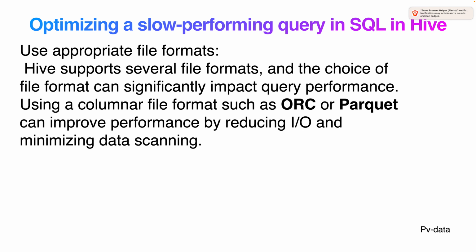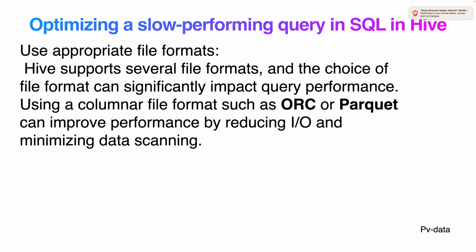The second thing I would like to suggest is to use an appropriate file format. Sometimes your data volume is very high, but you read only certain columns, and sometimes you scan the full table. So depending on the file format and storage, you need to select appropriate techniques.